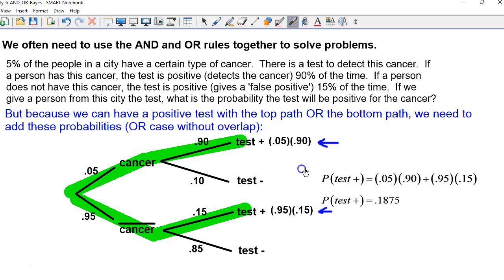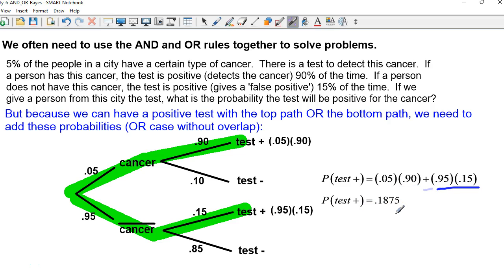And when we have two things that are combined with an OR, that means we have to add the two probabilities. These are two mutually exclusive possibilities, so the overall probability of having a positive test would be the chance of getting a positive test from the first path, plus the chance of getting a positive test from the second path, which turns out to be 18.75%.